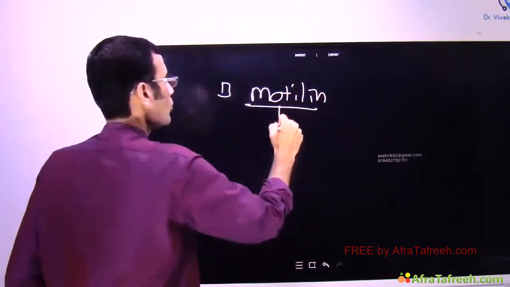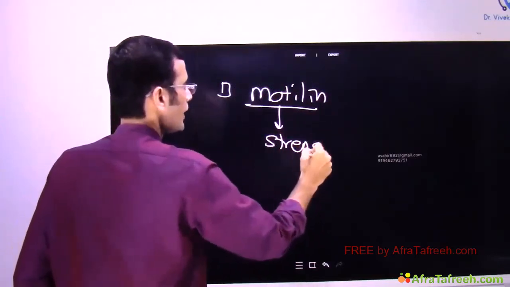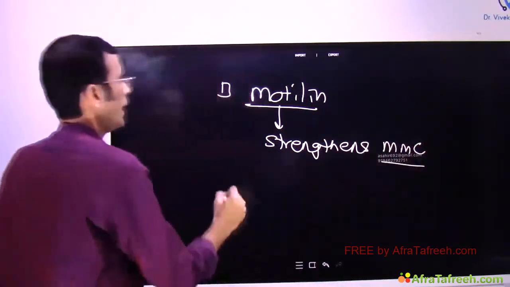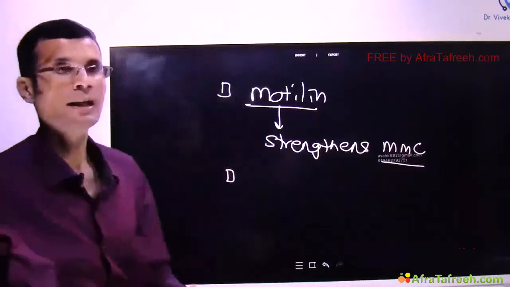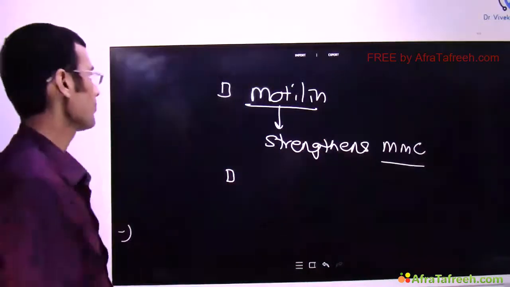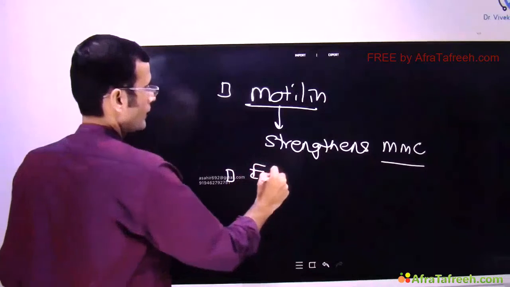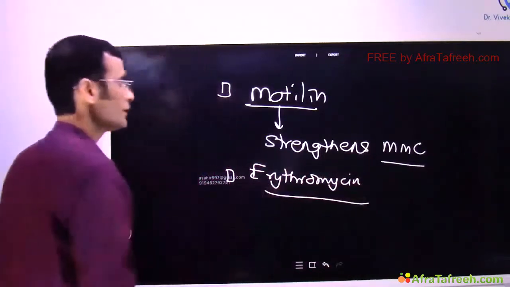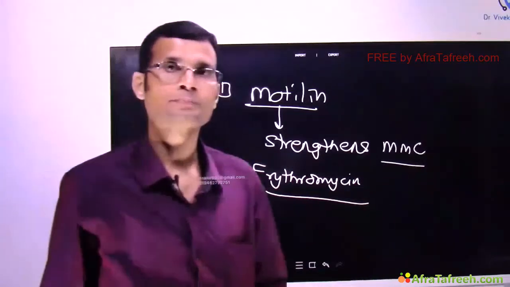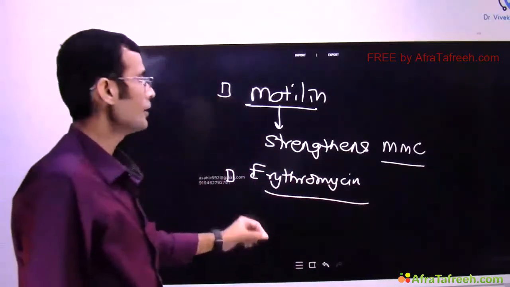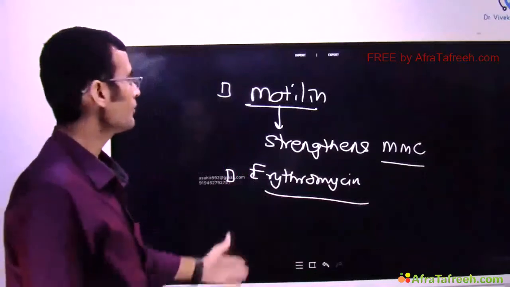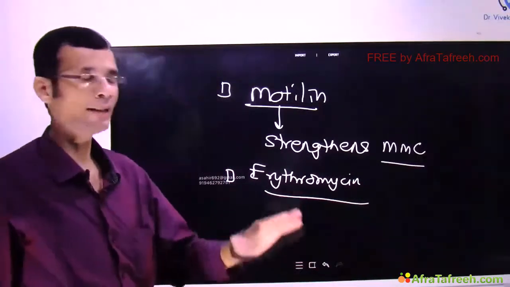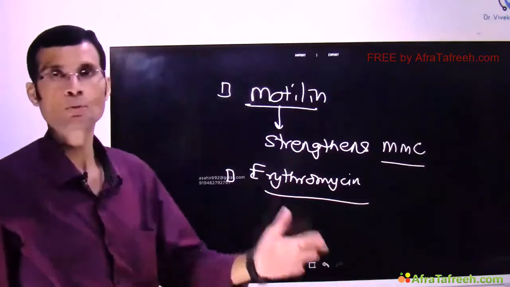And the drug that binds to motilin receptors is erythromycin. Although it is a macrolide group of antibiotics, it is the drug that binds with the motilin receptors. It strengthens the MMC contractions, and therefore it can be given as a prokinetic drug.